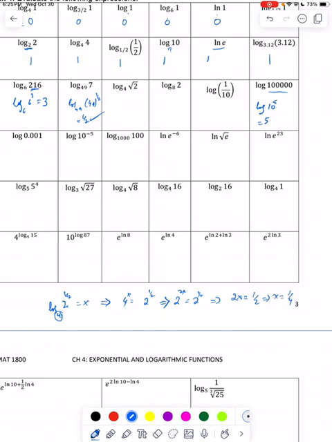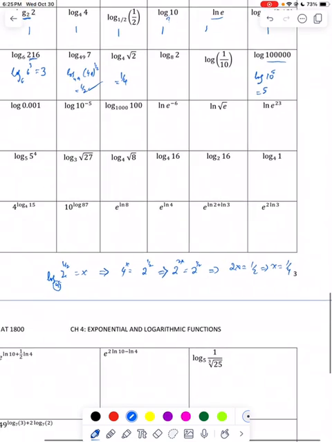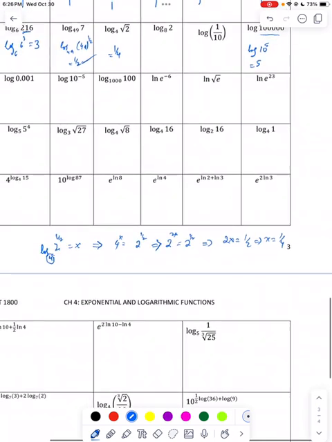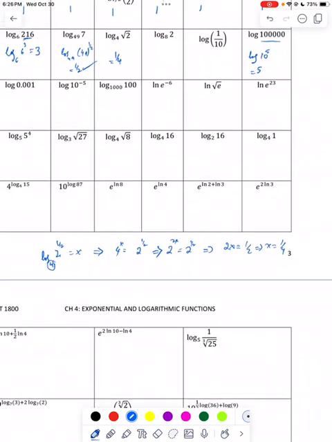So the answer over here is 1/4. Similarly, the next one, log of 2 to the base 8. If you can see that this is equal to log base 8 of 8 to the 1/3, then the answer is 1/3. But if you cannot see that, then you have to do it this way.